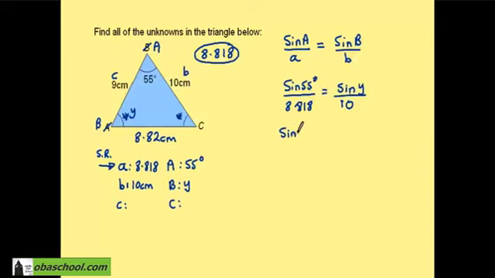Rearranging this gives sine y is equal to the sine of 55 degrees divided by 8.818 multiplied by 10. Calculating this gives sine y is equal to 0.928 and so on.